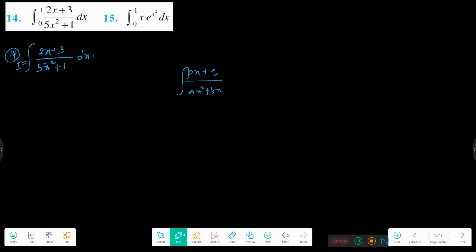What will you people be doing for this? px plus q is equal to a into the derivative of the denominator plus b. The point number 7 idea also you can use. Better, this idea I will use. So numerator 2x plus 3 is equal to a into the derivative of the denominator, 5x square plus 1, plus b.